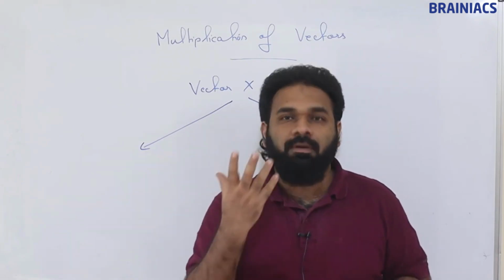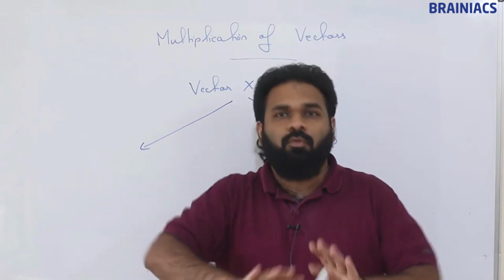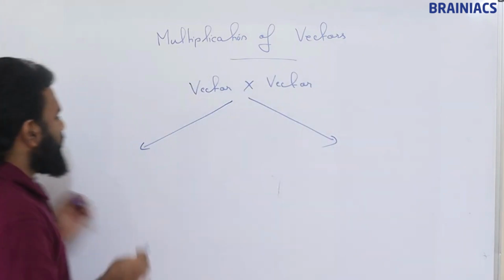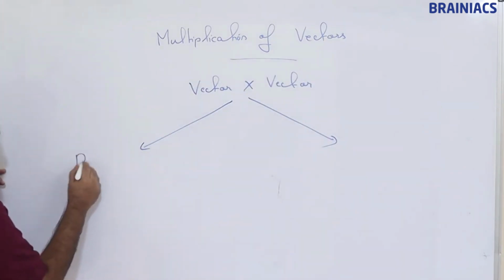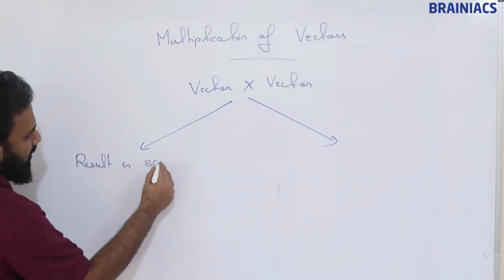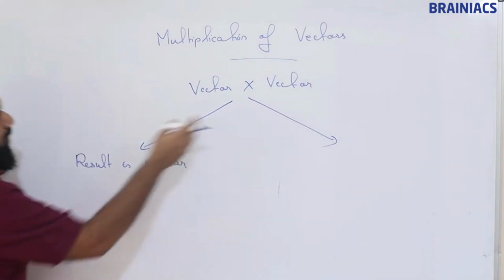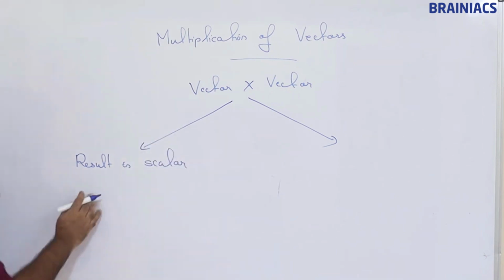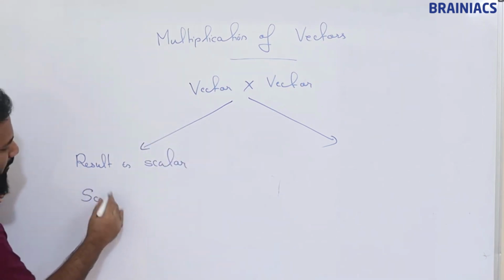That is just a number. There will not be any ijk, there won't be any direction, nothing. Simply a scalar. So the result is scalar. Vector into vector, the result is scalar. Now this is called scalar product.